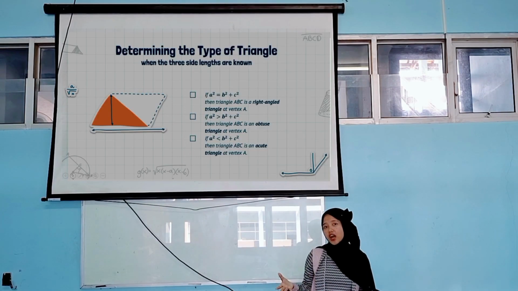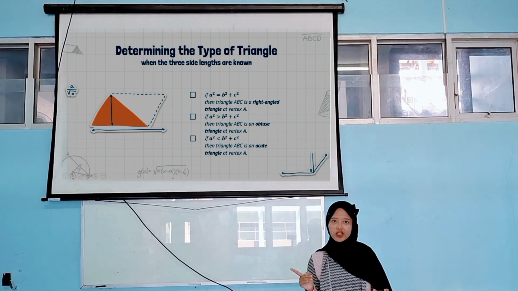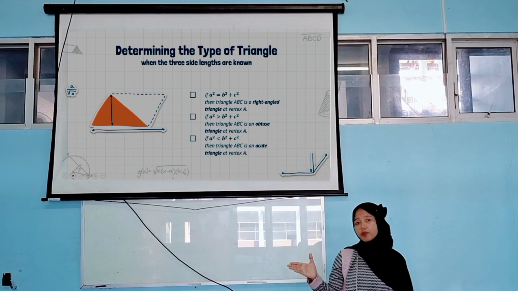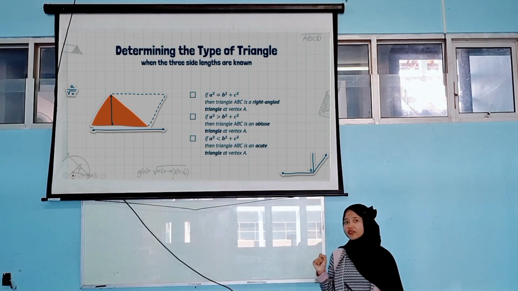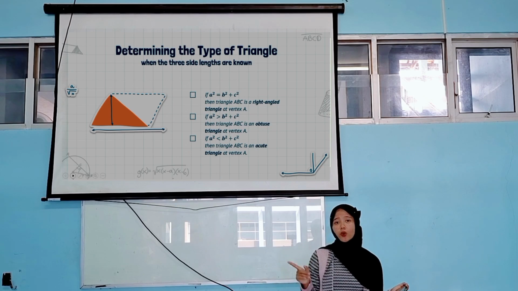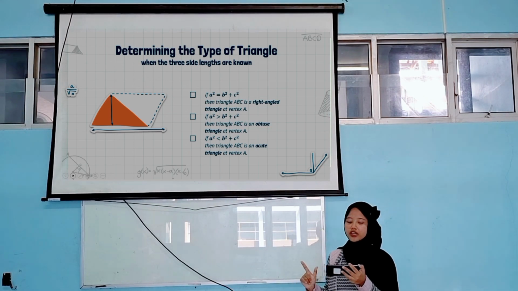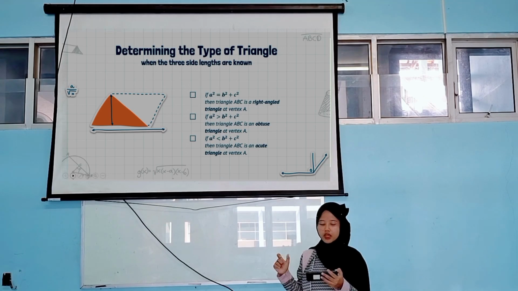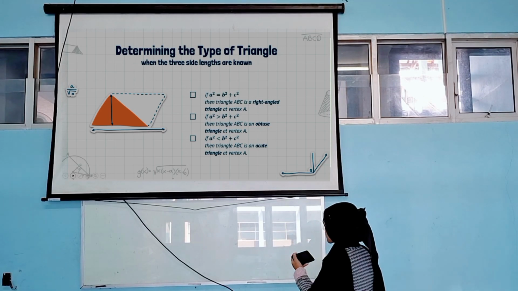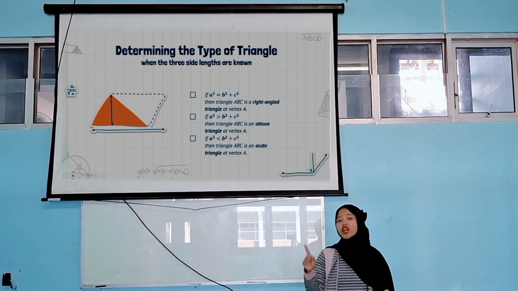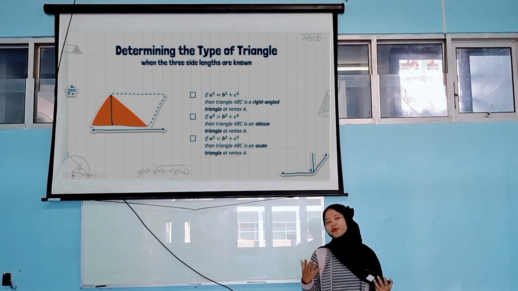Let's break down how to classify the triangle when you know the three side lengths. We start by assuming the longest side is side A, the possible hypotenuse. Then, compare the square of side A with the sum of the squares of the other two sides, B and C. So, if A squared equals B squared plus C squared, then it's a right angle, perfect for Pythagoras.